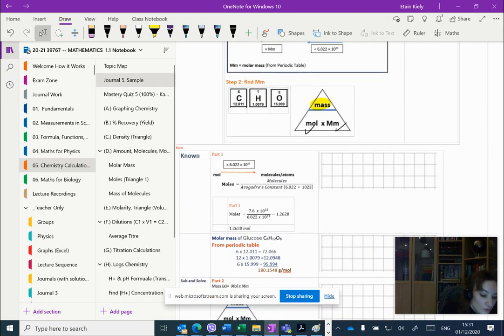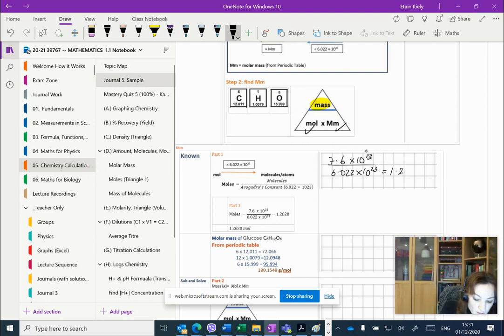So for the first part, we're going to see how many moles are in 7.6 by 10 to the 23 molecules. We're going to divide by Avogadro's constant. And this gives us an answer of 1.2620 moles. So the first thing we worked out is how many moles, by dividing by Avogadro's constant.